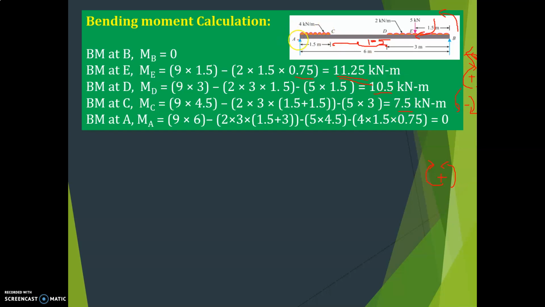Next, bending moment at A. Obviously it has to be 0, but just check how you will get 0. That is RB into full distance.